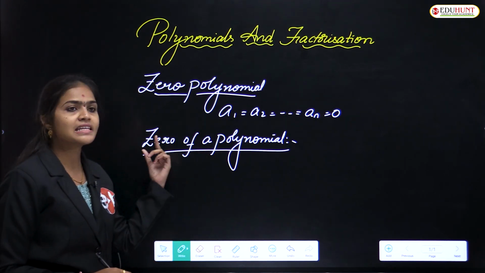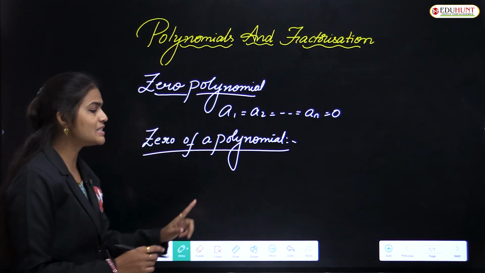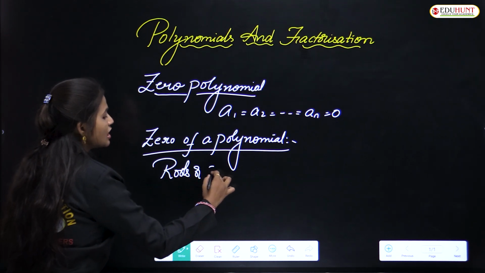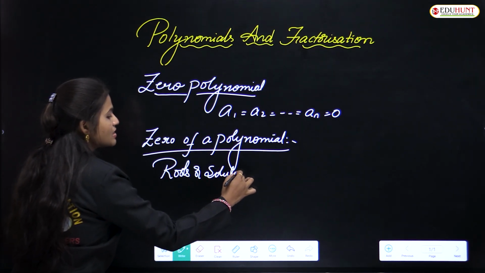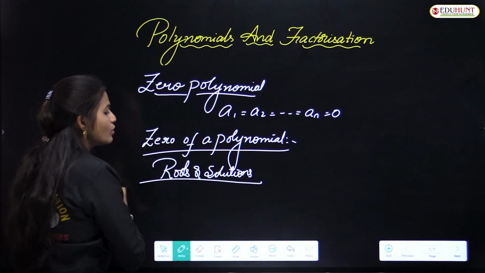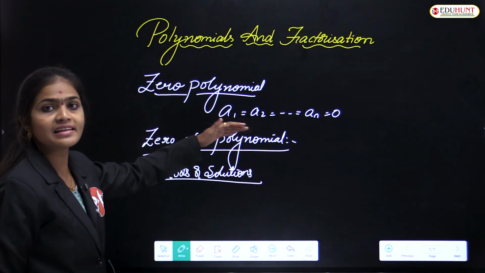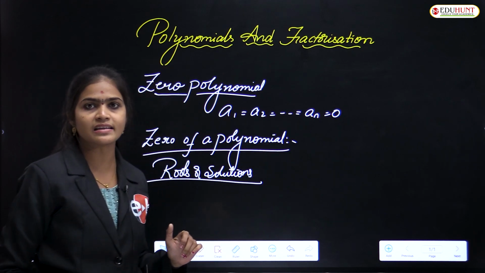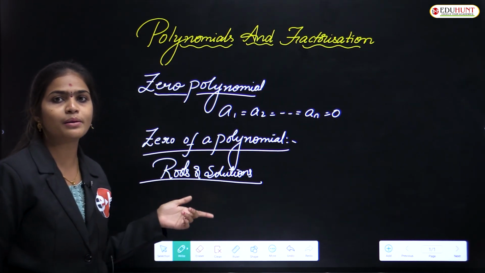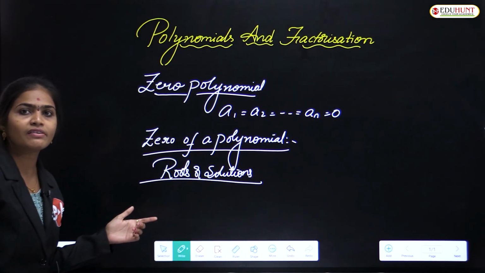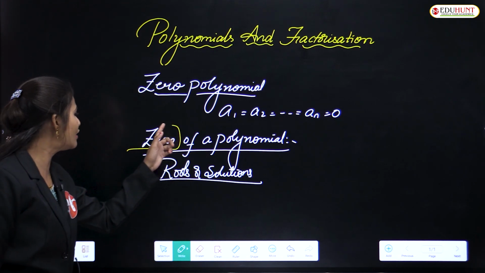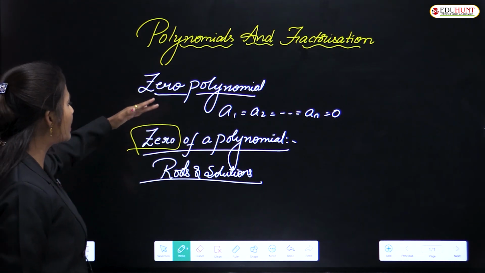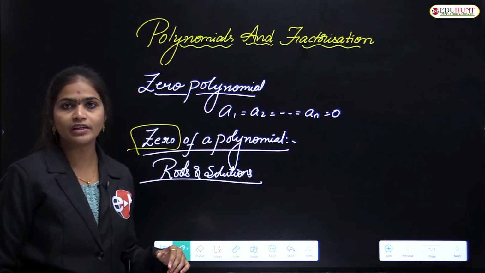So simply we can say that zero of a polynomial means nothing but roots or solutions. Roots are solutions, we discussed that in the previous topic. So roots are solutions only, and here we say zero of a polynomial. So zeros means nothing but roots. The value of the variable which satisfies the given polynomial, those are called zeros of a polynomial. So that is the difference between zero polynomial and zero of a polynomial.